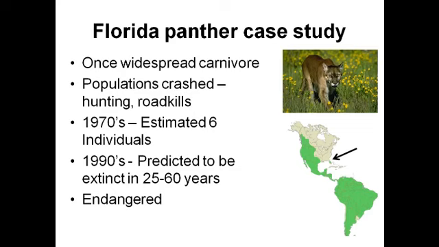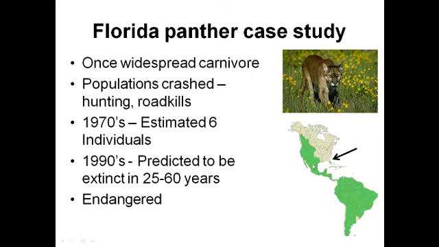Okay, so now we are going to start discussing a case study to illustrate how we are going to do some observational studies. Again, we can't do any experiments on Florida panthers, right? Because it's an endangered species and there are only a few individuals. This species was once a widespread carnivore.